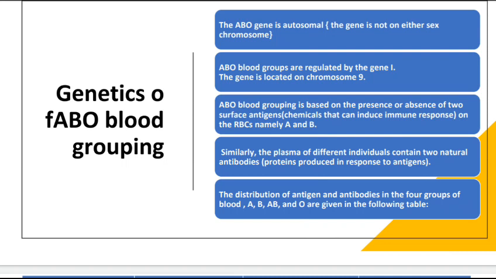Antigens are nothing but chemicals that can induce an immune response, on the RBCs, namely A and B. Similarly, the plasma of different individuals contains two natural antibodies, and antibodies are nothing but proteins produced in response to antigens.